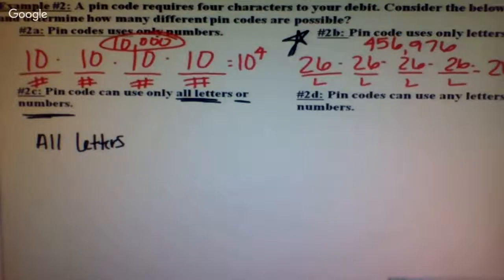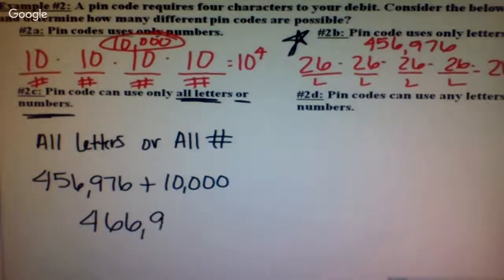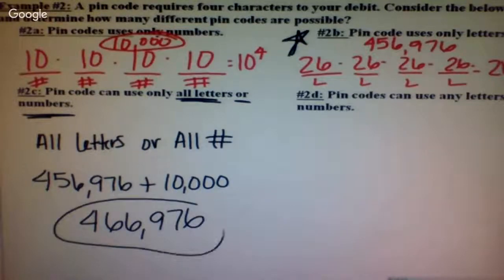I've got 456,976 options. My password is all letters or all numbers. Add them up. 10,000, and we add them up. 466,976.